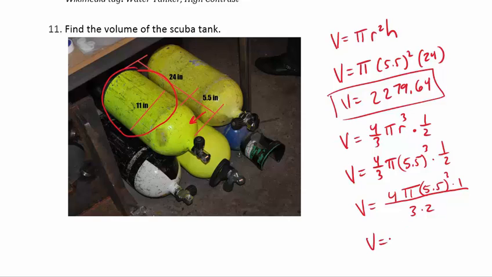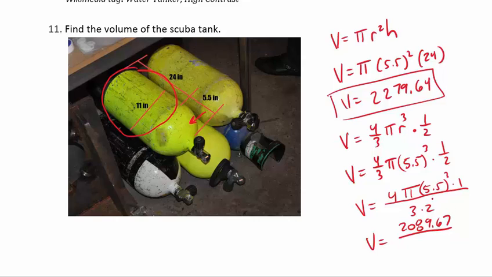So the first thing I'm going to do on top is cube that 5.5. So I'll go 5.5 to the 3rd power, which equals 166.375. And I'm going to take that times pi, 3.14, and then times 4. That gives me basically 2089.67.